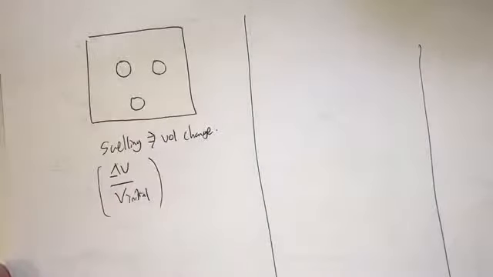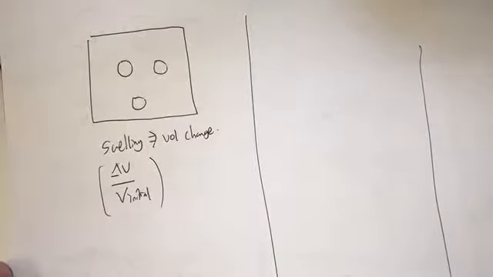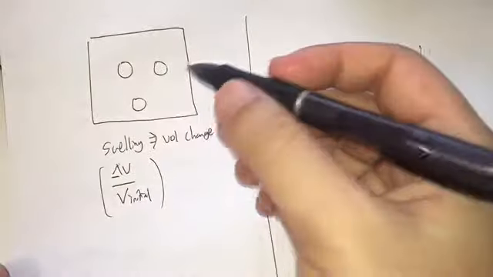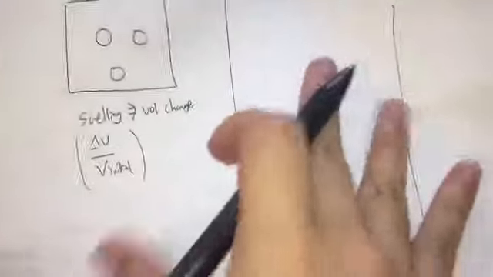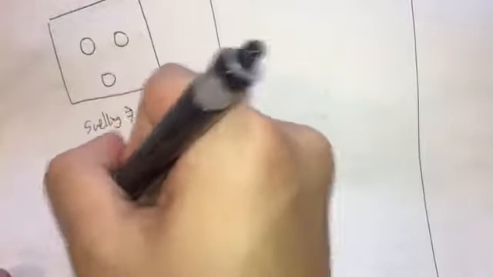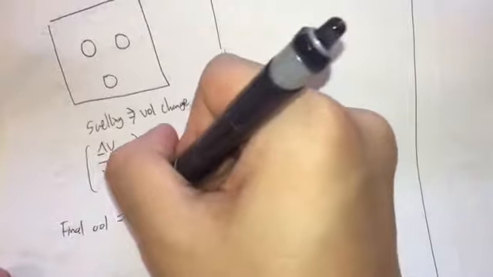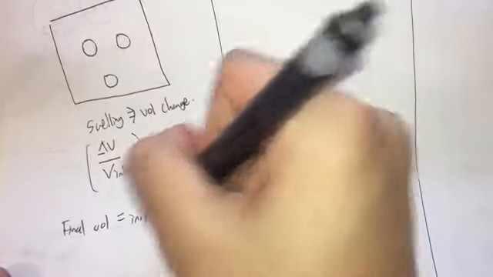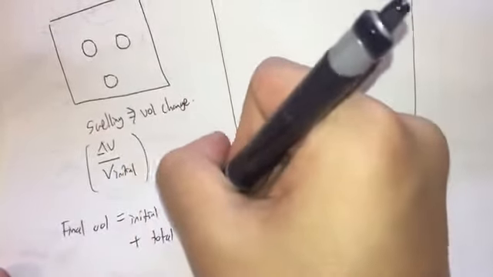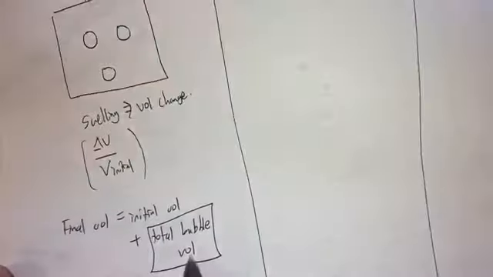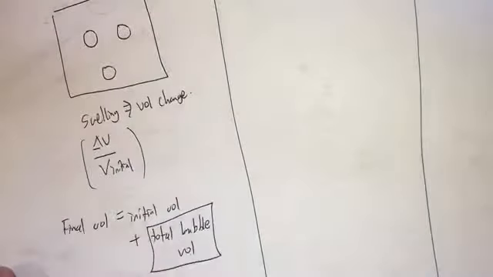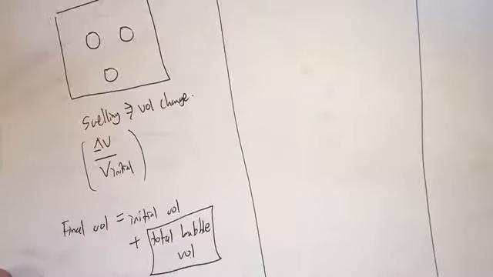So if you find the total volume of the bubbles, how are we going to do that? And why is that important? Well, the final volume equals the initial volume plus the total bubble volume. So we need to find this in order to find our delta V. How can we derive this volume?